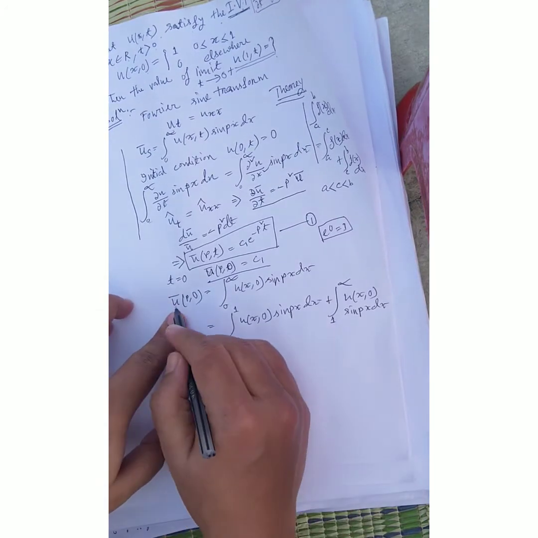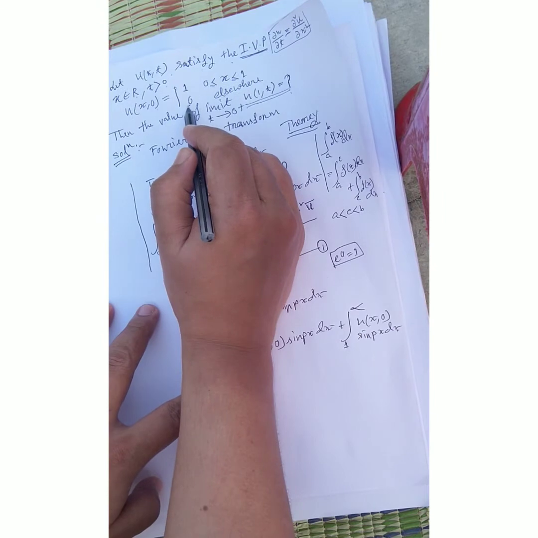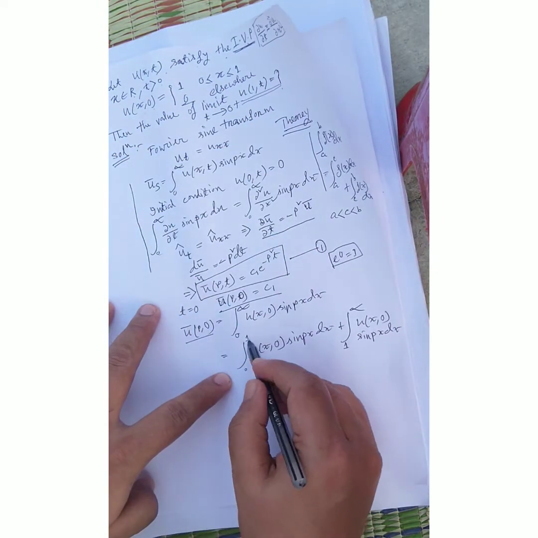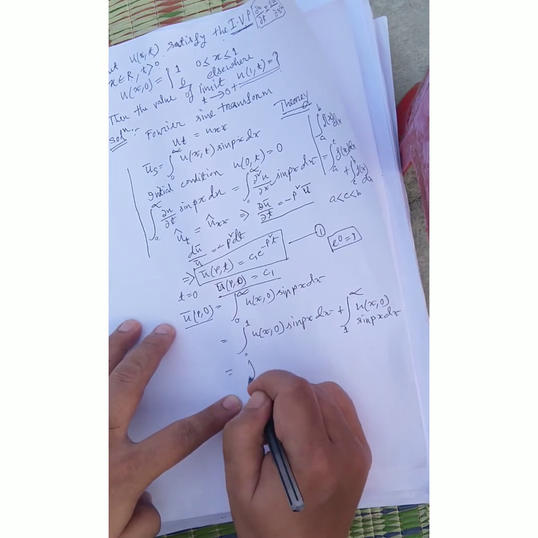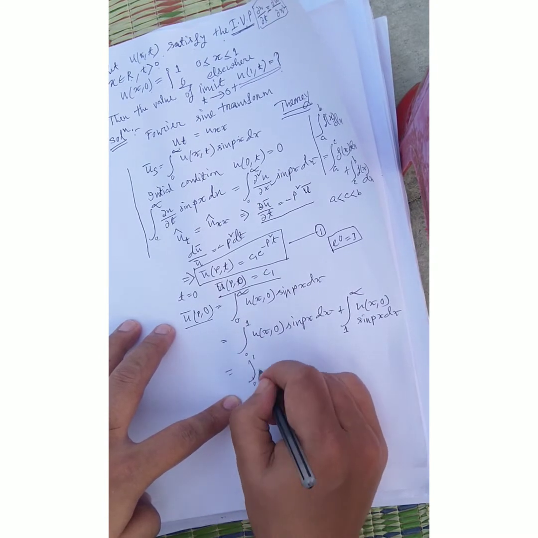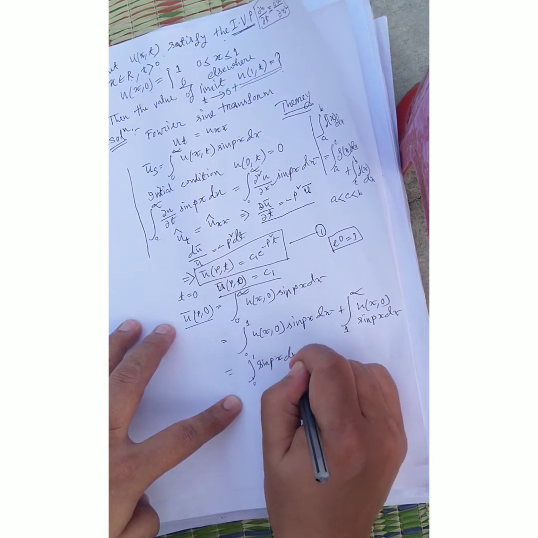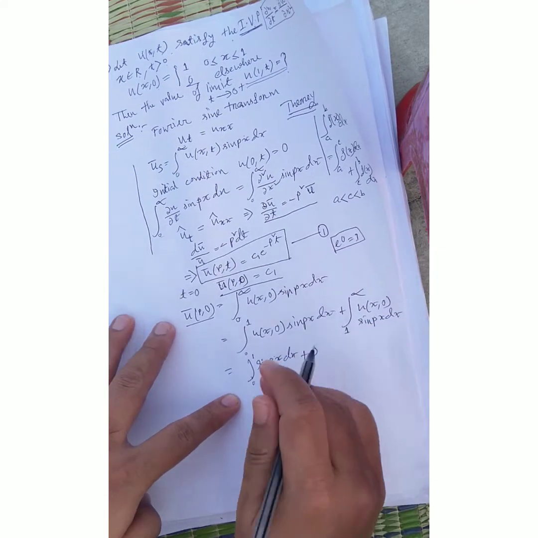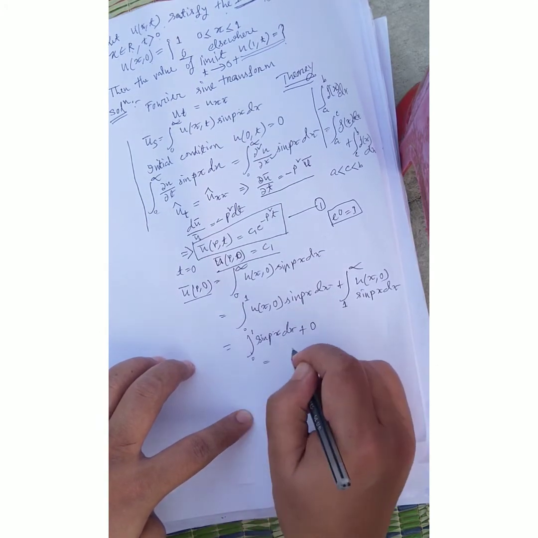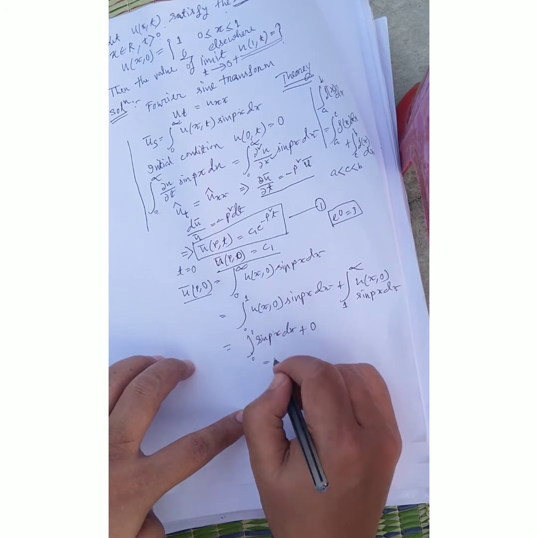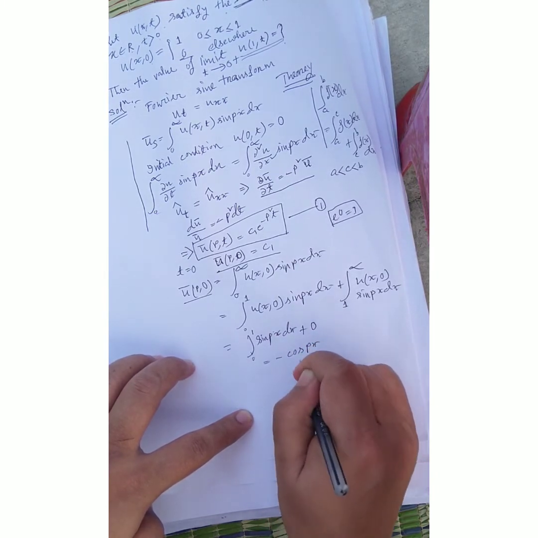Then I can get u bar(p,0) is equal to this, and according to the theory the second part is 0, and from 0 to 1 the function value is 1, so I write the integral of sin px dx, and the other value is 0. After that, the integration of sin px dx is minus cos px by p.